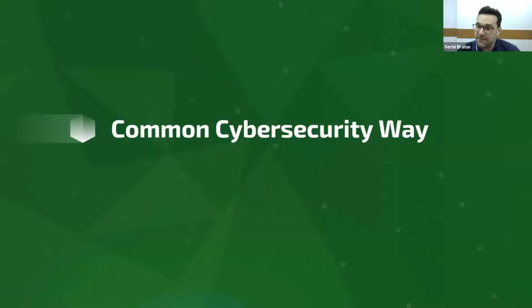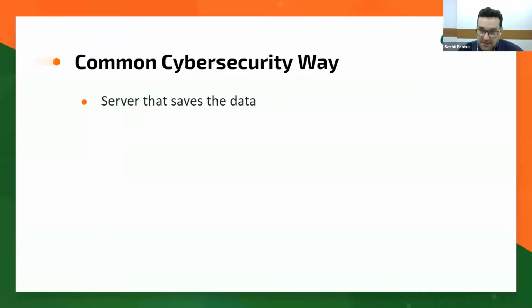So let's first discuss the common cybersecurity way. In cybersecurity projects, almost all the time, solutions are built using some popular patterns, and those patterns include servers that save data. By server I mean the component that each other component knows about.